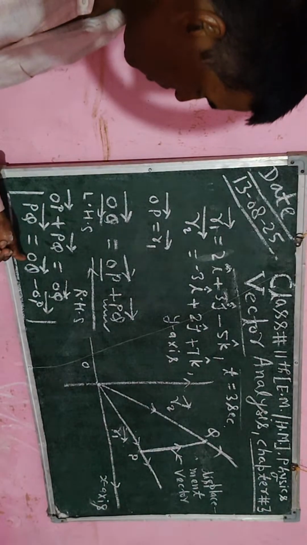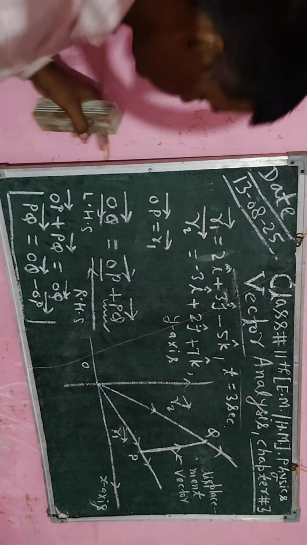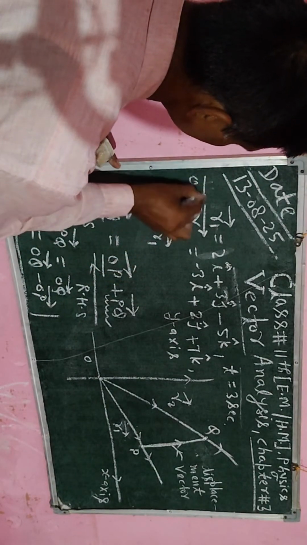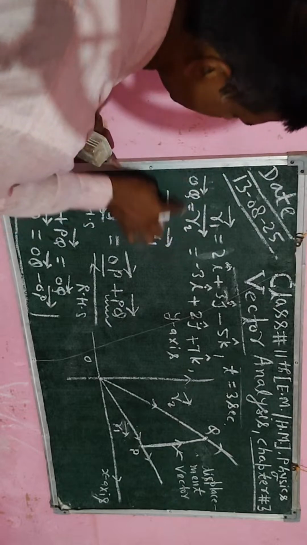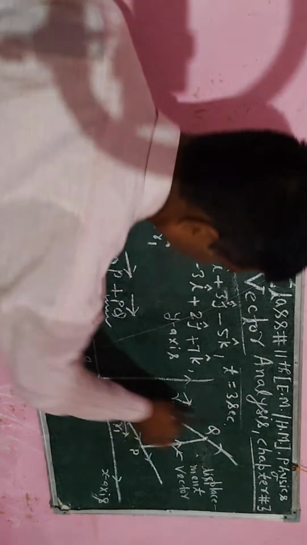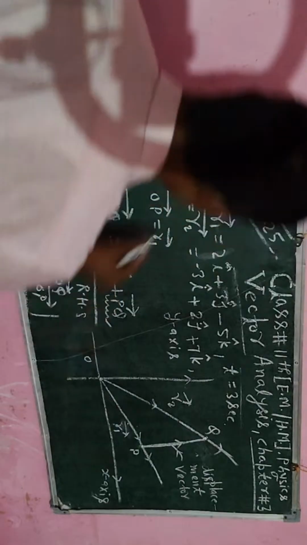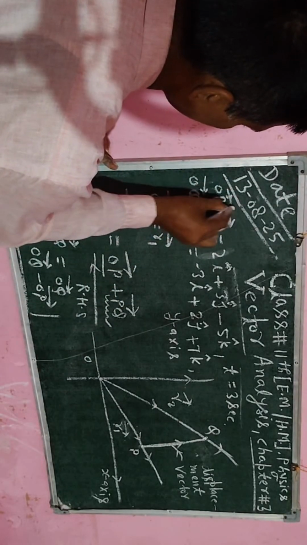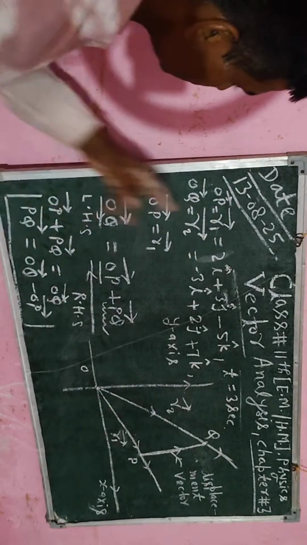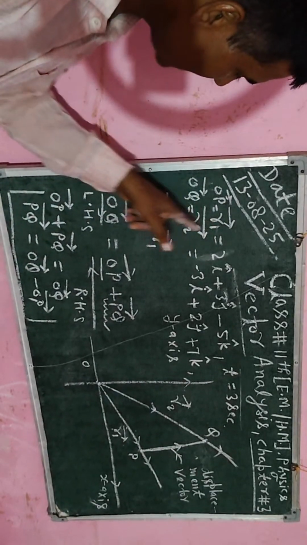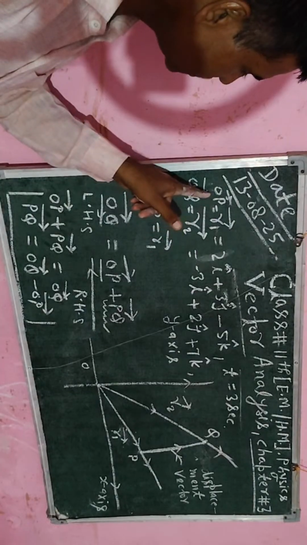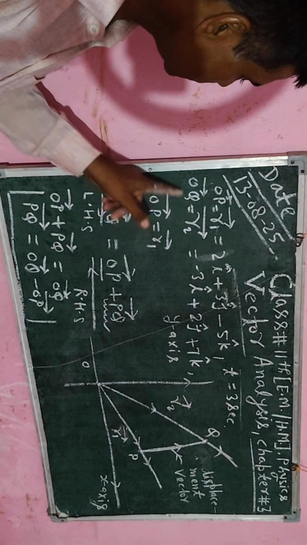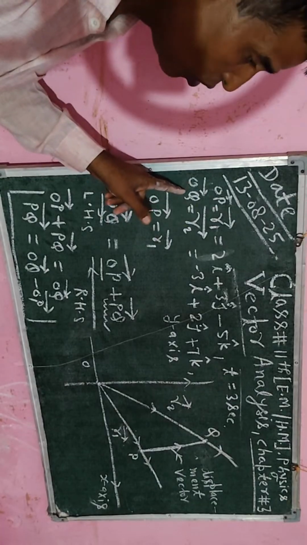OQ is R2 and OP is R1. So here there are two vectors, R1 and R2. R1 is also represented as OP vector and R2 is also represented as OQ vector.